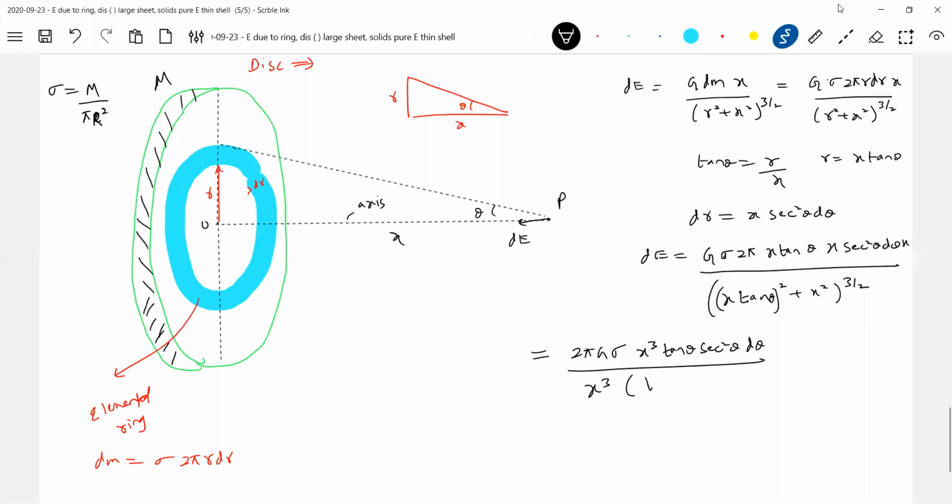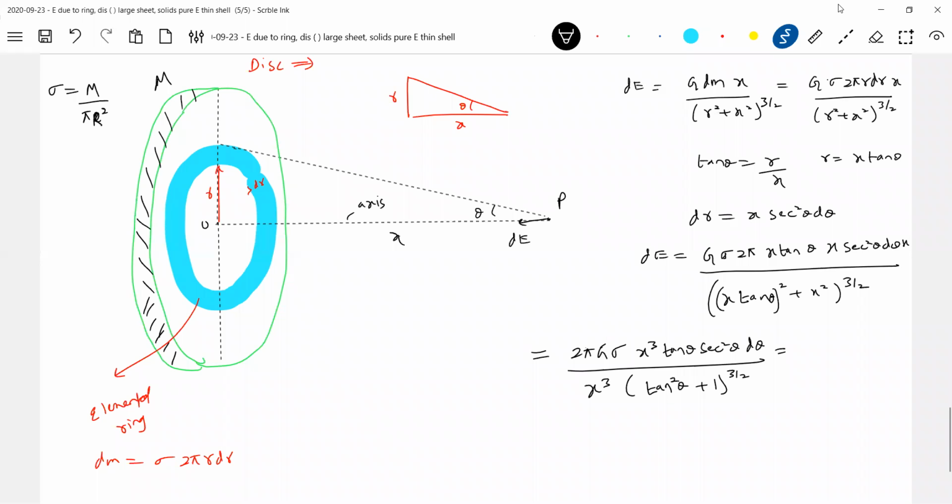So tan square... x cube gets cancelled. 1 plus tan square theta is secant square theta.